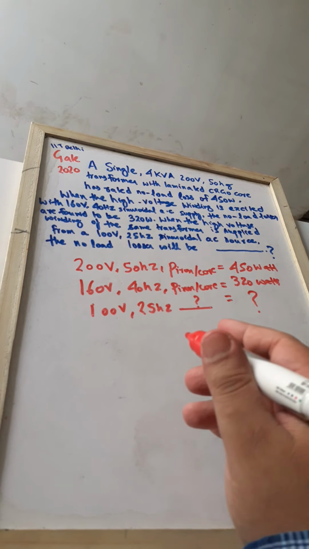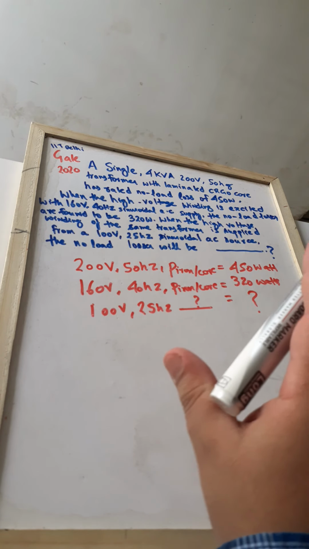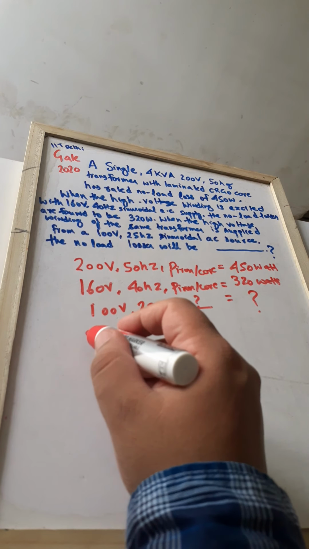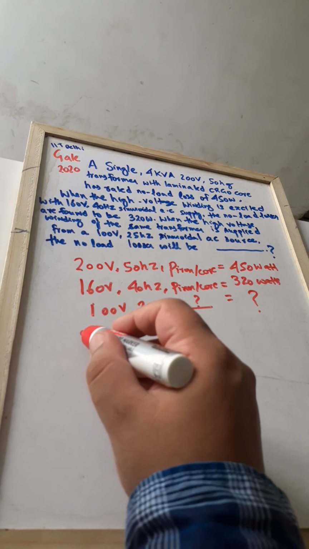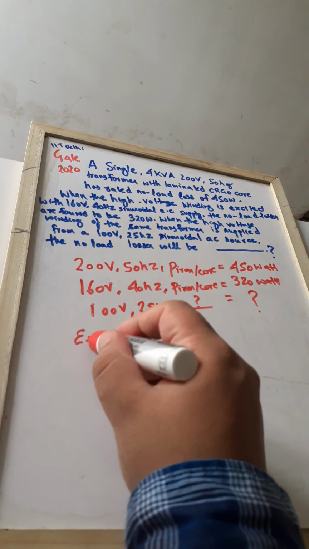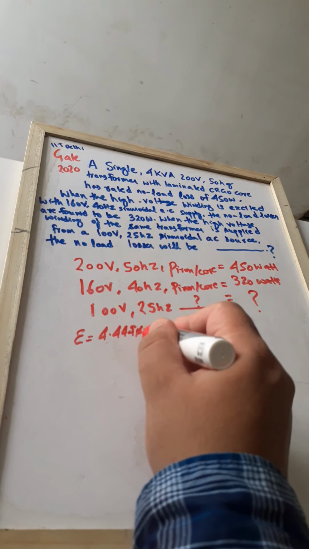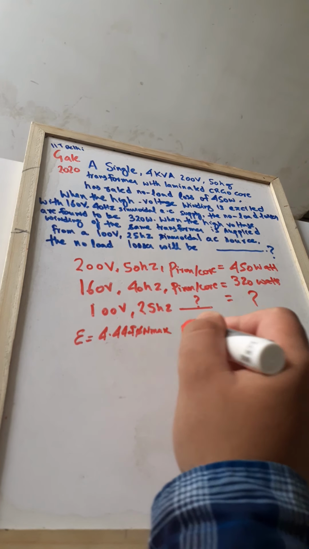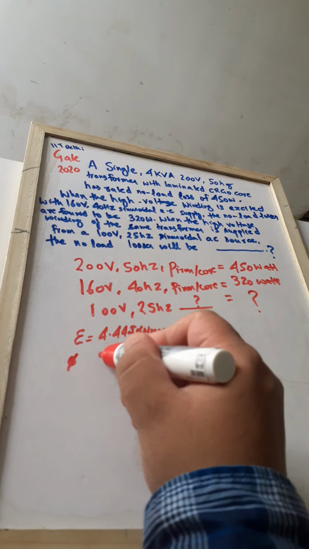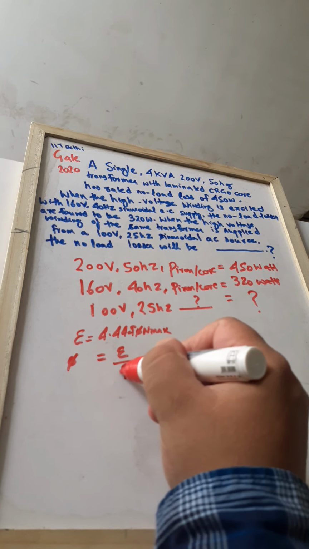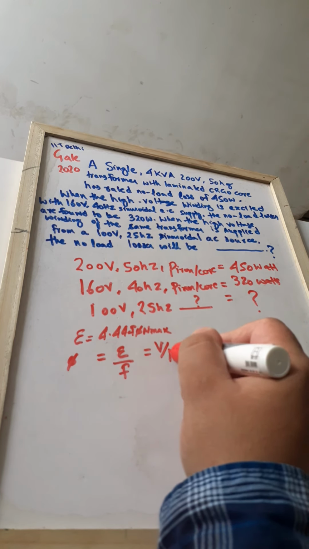When we see this question, we know a transformer is basically a constant flux machine, so flux will remain constant. If you see the EMF equation of the transformer, it is E = 4.44 f phi max N. So your flux is E by f, or in terms of V by f.